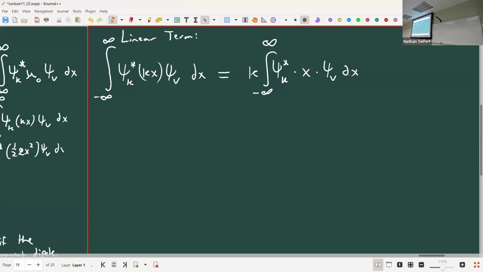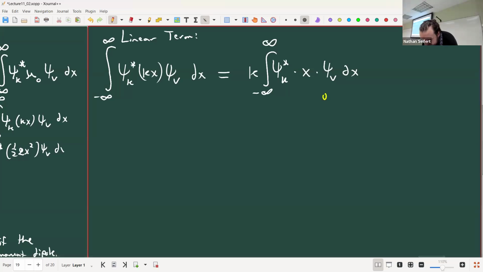We've seen this integral before. We saw an integral just like this when we were talking about the intensities of the transitions in the particle in the box. We had this integral of two different wave functions of two different states, the initial and the final, with an x sandwiched between them. And the same arguments apply here.